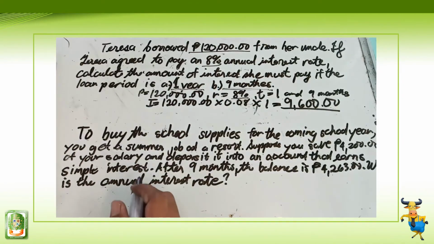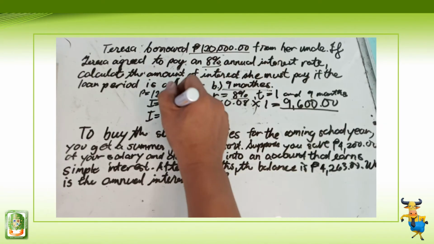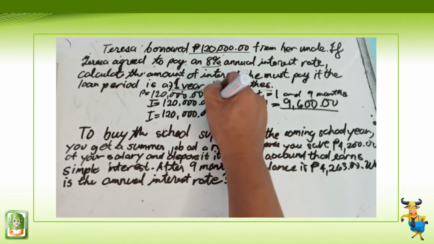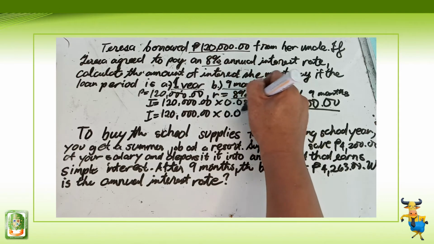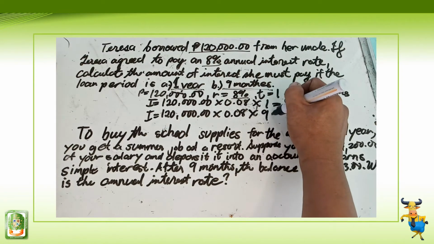Ay kung 9 months naman. So, the interest is equal to 120,000 times 0.08 times 9 months.